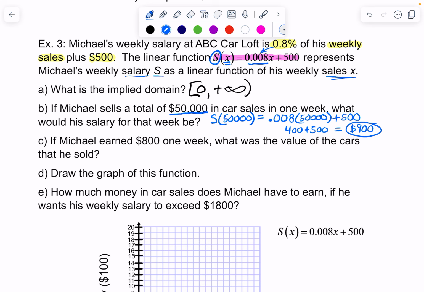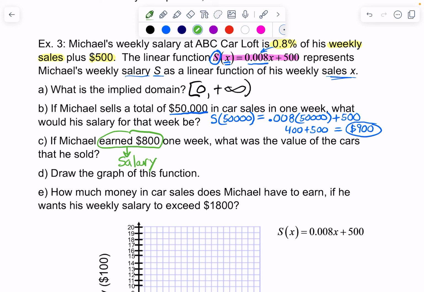Now let's reverse it. If Michael earned, okay, let's look at that word there. If Michael earned $800 1 week, what was the value of the cars that he sold? So in this case, they gave you the salary. He earned $800.